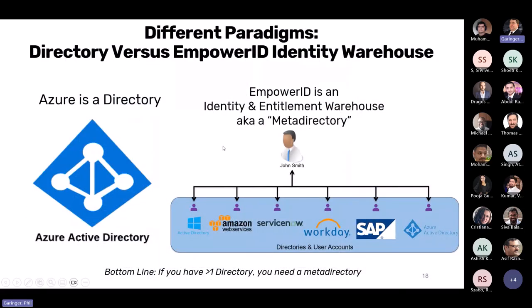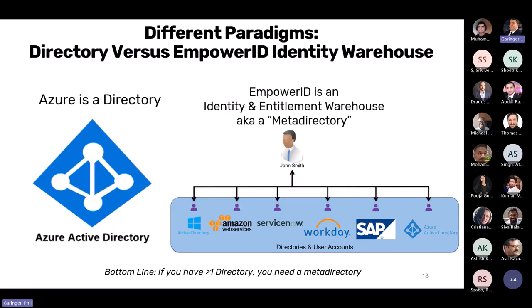So now, different paradigms when we're talking about how we store data, how we look at data, right? So directory versus identity warehouse, right? EmpowerID is an identity warehouse, an identity and entitlement warehouse, sometimes referred to as a meta directory.